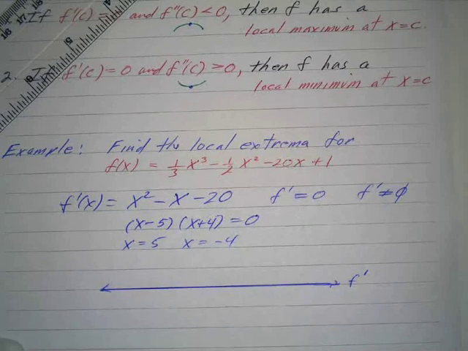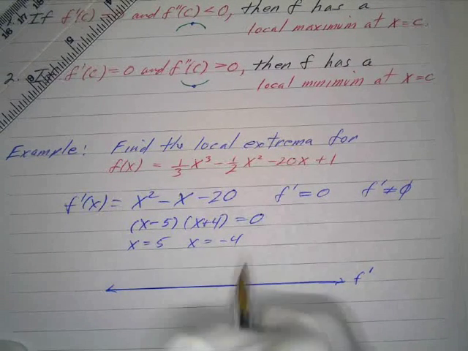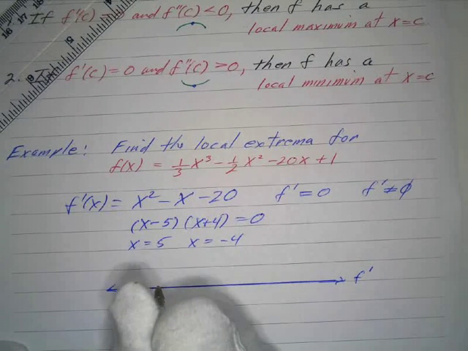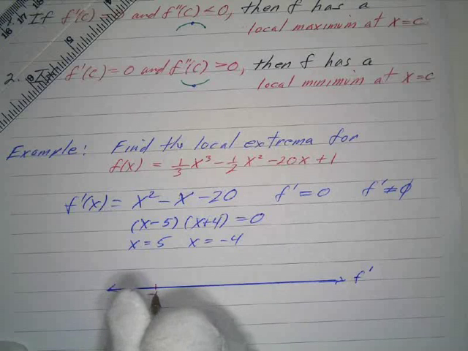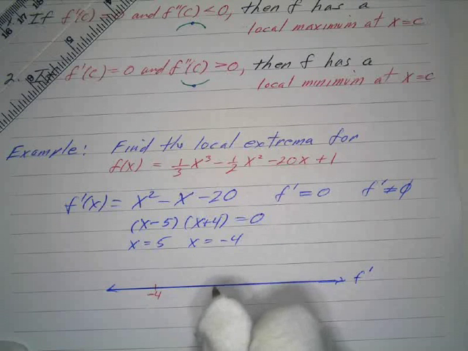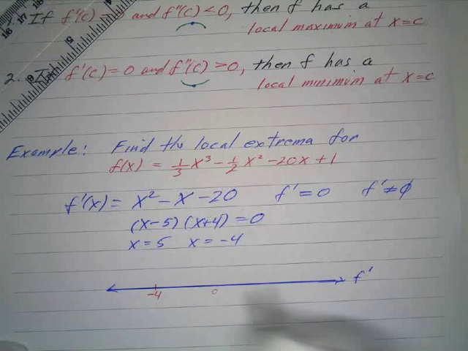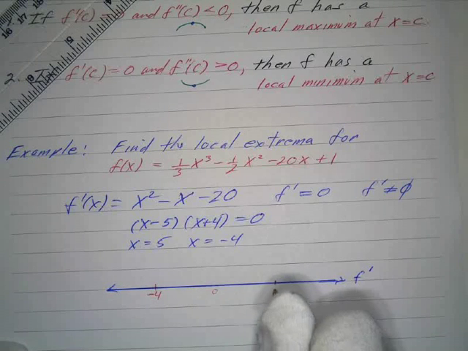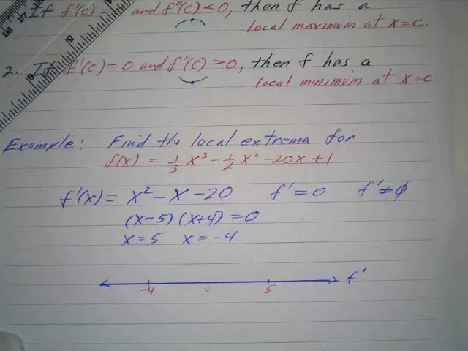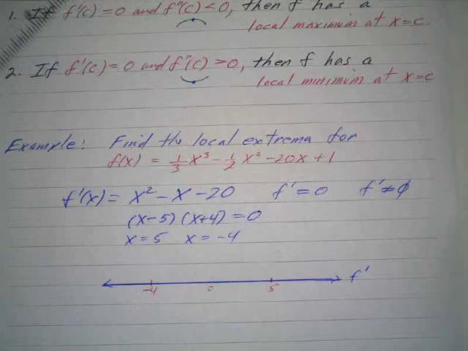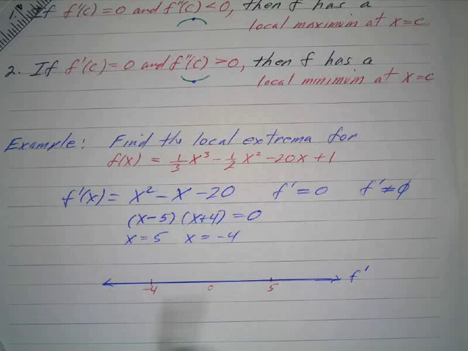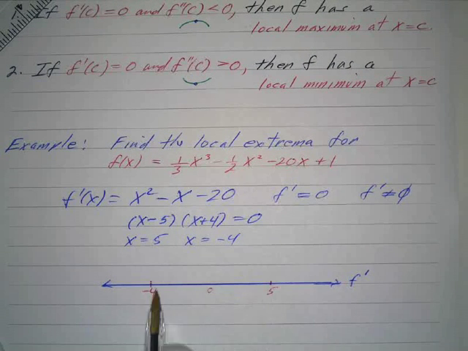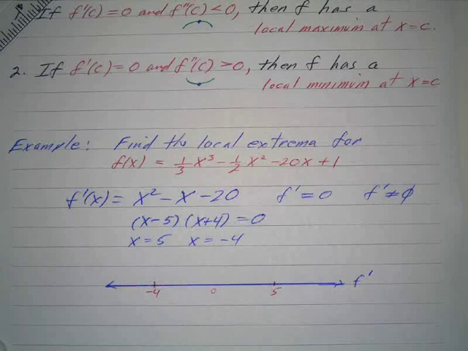I'm going to put my points on here. Negative 4, and let's say we call this 0. We're not going to mark it, but if that's where 0 is, this might be 5. So we have some critical numbers here, so let's see what's happening.